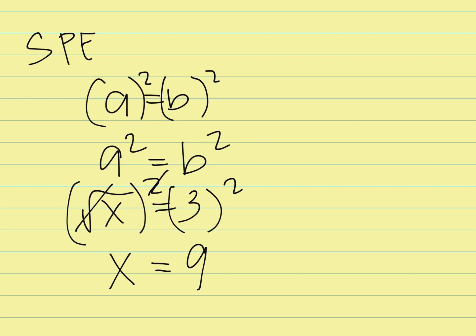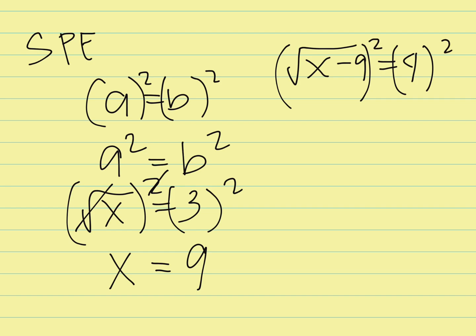Next, the same concept, try to solve this. Square root of x minus 9 equals 4. Again, using the squaring property of equality, square both sides, cancel the radical, and copy the radicand. So x minus 9 equals 4 squared, which is 16.